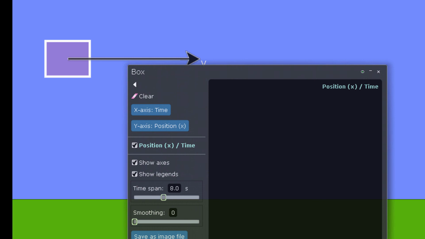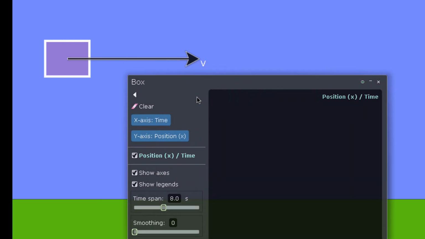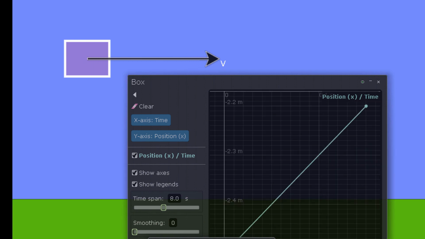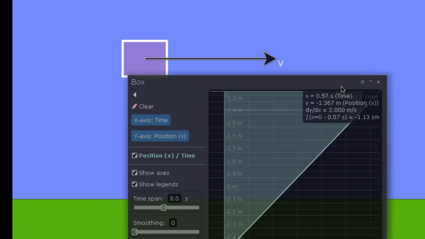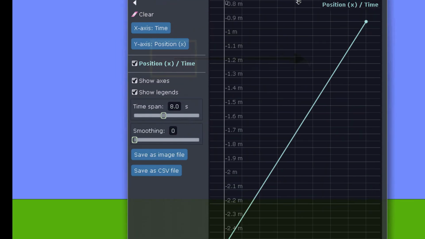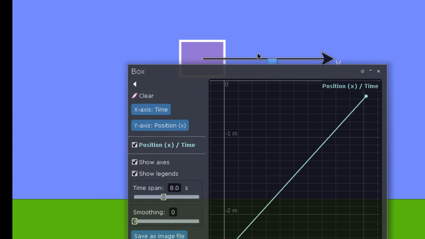And before I start this, okay, so I'm going to play this, and I want to play it for 2 seconds, because that's how long it took for the block, or the object, whatever it was, to stop moving. So here it's going. Can't see it. And I'm running in slow motion just so I can hit pause at the right time.